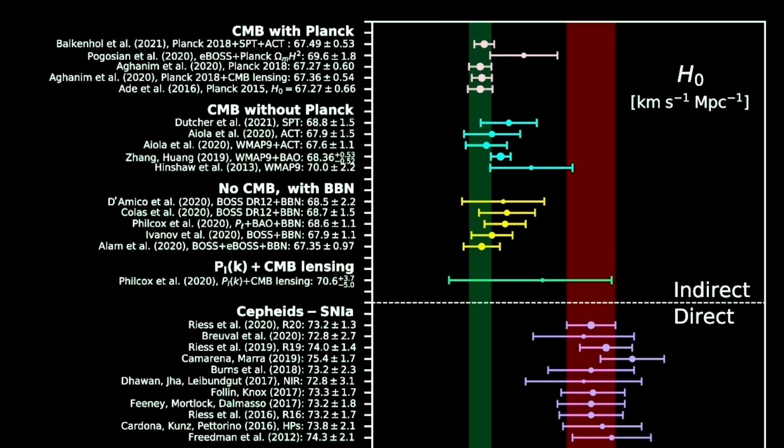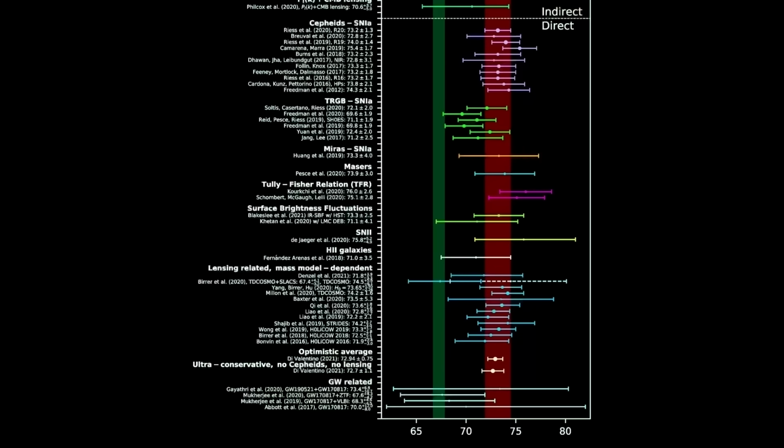This is really important because the cosmic microwave background and its imprint from the early universe seems to indicate that the Hubble parameter is much lower than if we take more, quote, recent data by direct measurements. The cosmic microwave background is an indirect measurement, but the direct measurements, say from Cepheids, Mira-type variables, type 1a supernovae, masers, or the Tully-Fisher relation, all definitively show a much larger value of 73.2, or roughly 73.